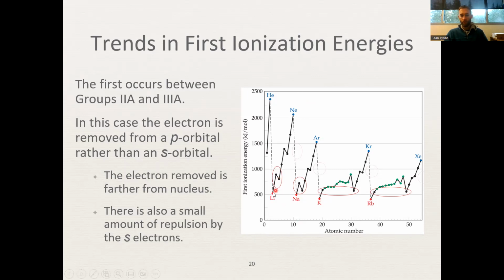So with the second to the third here, think about it again. This is our s2 electron. This is our p1 electron. The reason it's going to be lower energy to remove the p1 is that, based on stability, it's more favorable to have an empty p block than it is to have a half-filled s block.